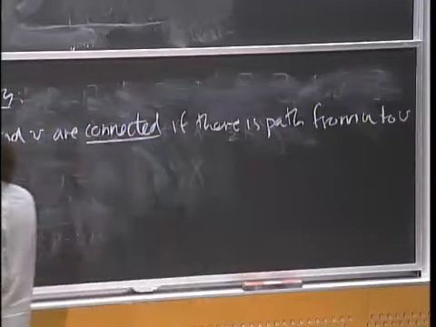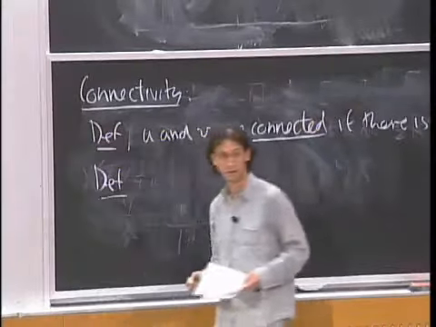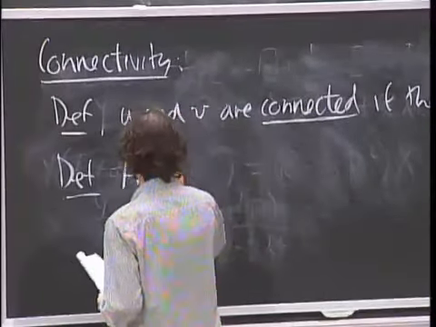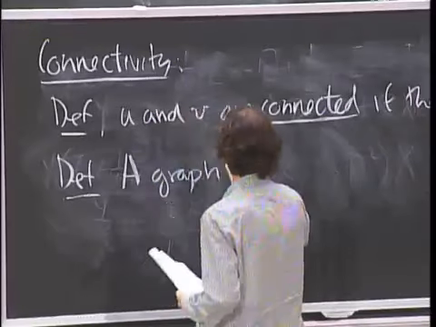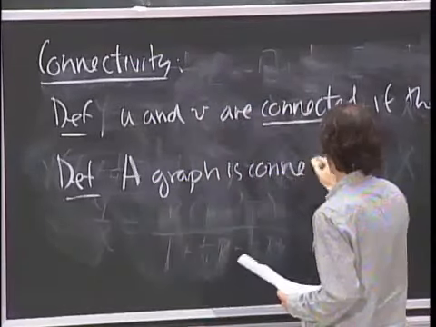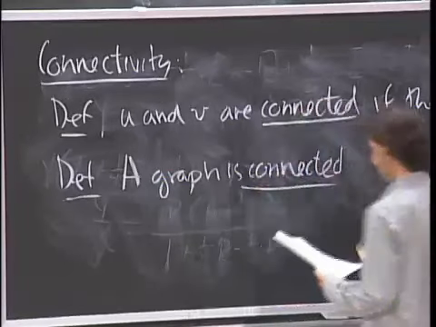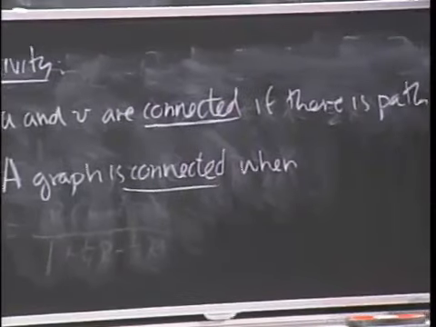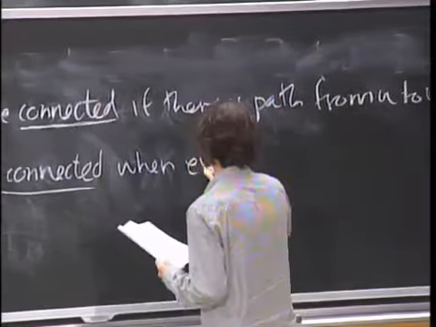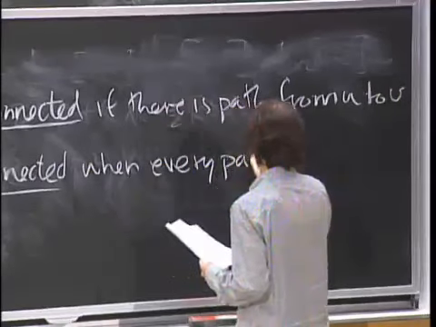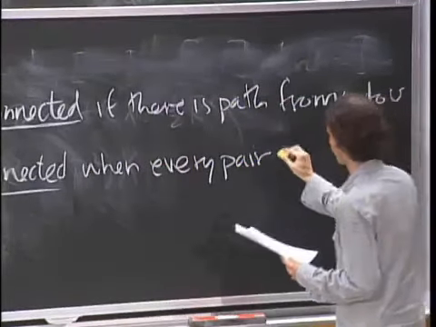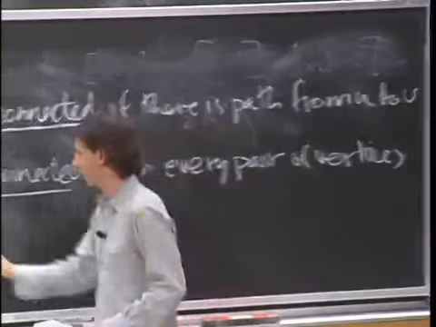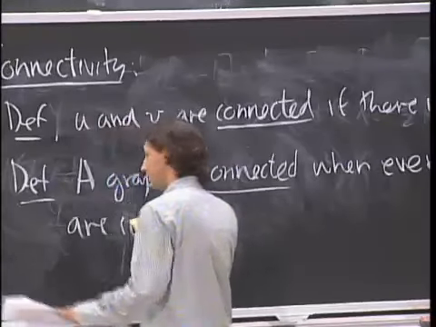And now we can talk about graphs that are connected. That's a very important concept. A graph is connected if every pair of vertices is connected. So when every pair of vertices in the graph are connected.